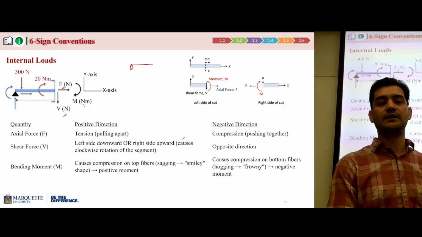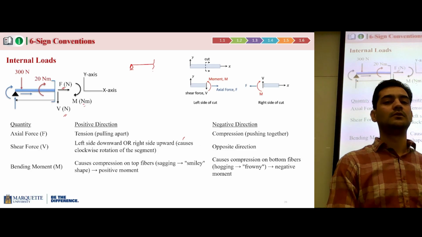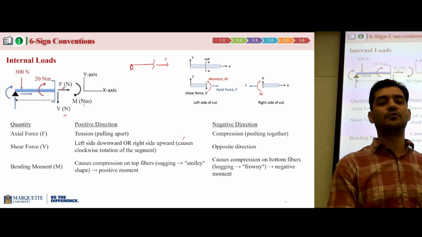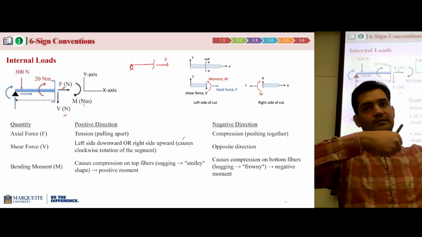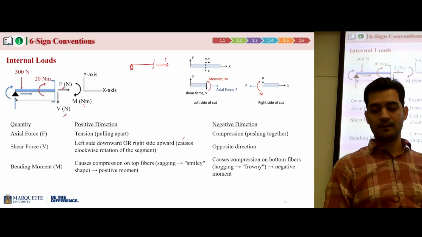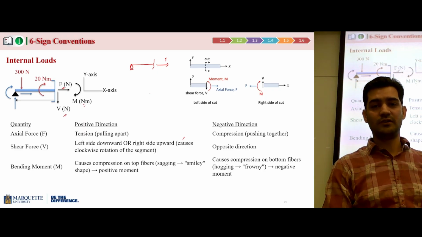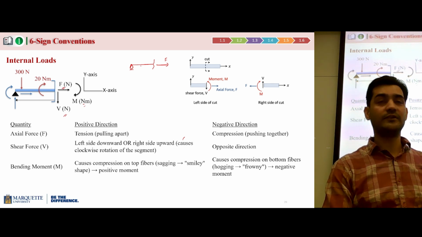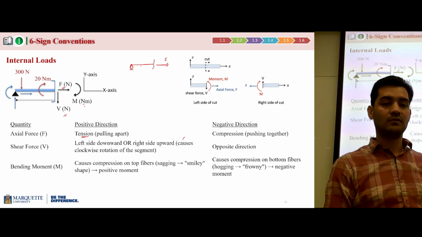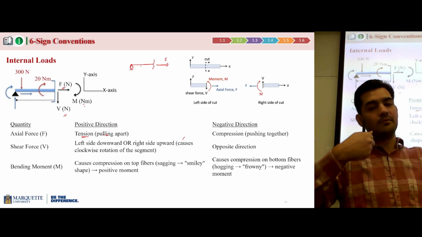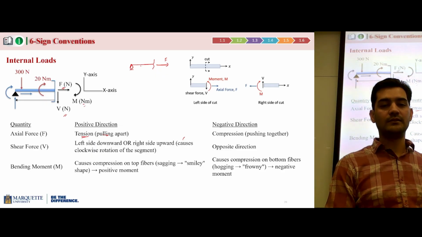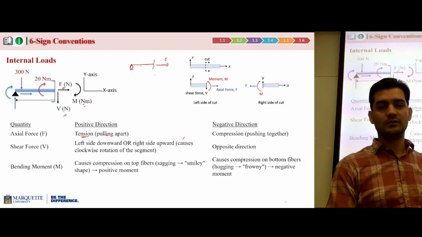If it's a simply supported beam, you have a section cut and you expose an axial force. This axial force is basically pulling this member, so it's causing tension. If it's pulling apart the member, it's positive. And shear force is positive when it's downward.